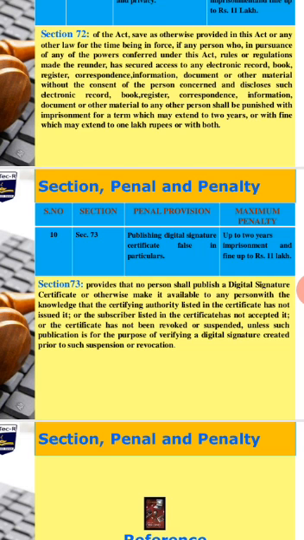A person who contravenes the provisions of this section shall be punished with imprisonment for a term which may extend to 10 years, or with fine which may extend to 1 lakh rupees, or both.